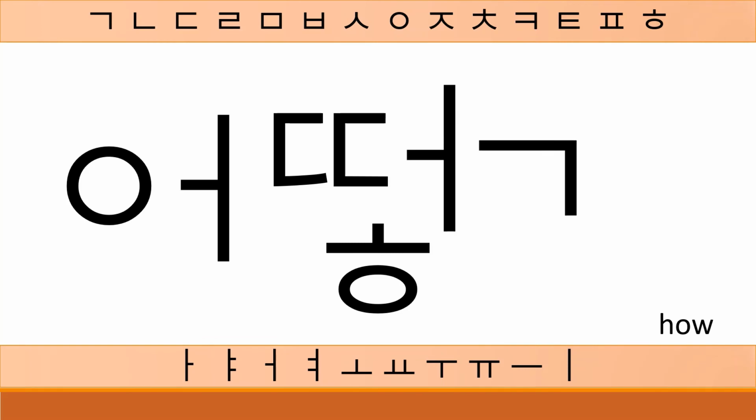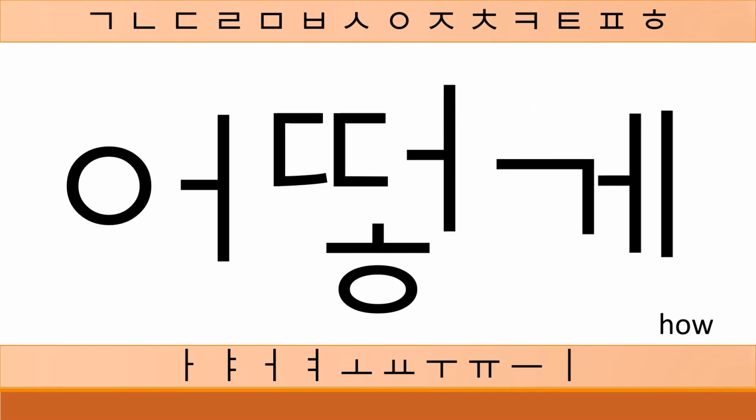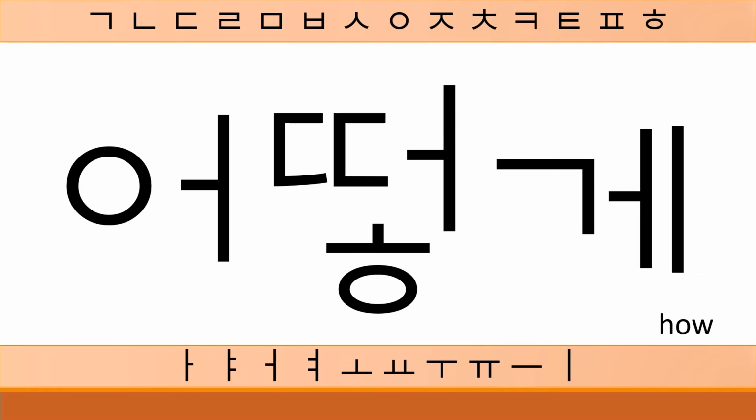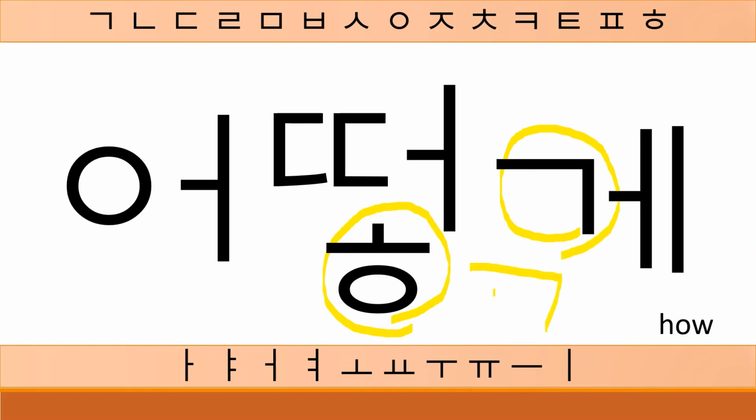And 그 plus 에 makes 게. But when people pronounce this, 떠 and 흐 combine with 그 and make 크 sound. 흐 is a special consonant, I said, right? They collide together and actually create 크 sound. Okay, so 어떻게. That's how you pronounce this.